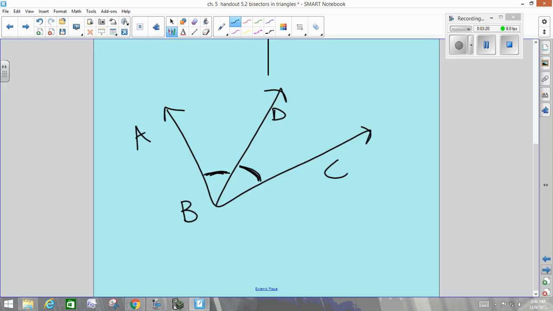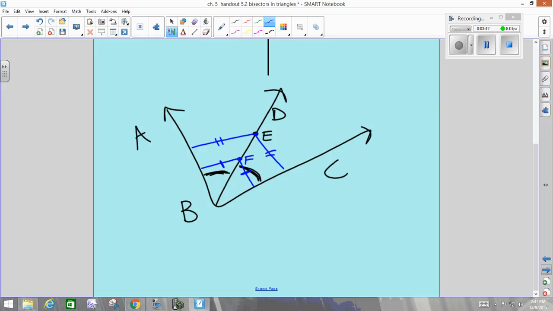So, if I have a point, call that point E, on the angle bisector, then the distance from that point to each side of the angle has to be congruent. That's what the Angle Bisector Theorem says. It says that if you have a point on the angle bisector of an angle, then the distance from that point to each side of the angle has to be congruent.